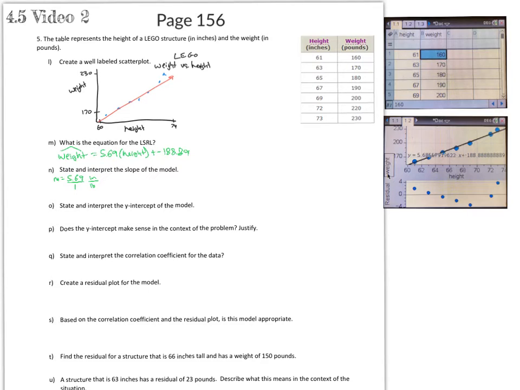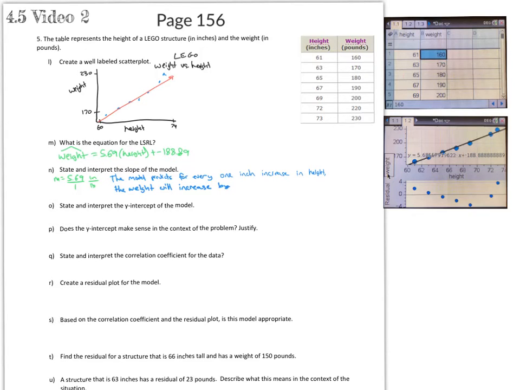So using the template that you got today in class, we say the model predicts, for every, and now I need to say 1 and then the x unit, so 1 inch increase in height, the weight will increase, and we say increase because it's going up, by, and then we use that slope amount.